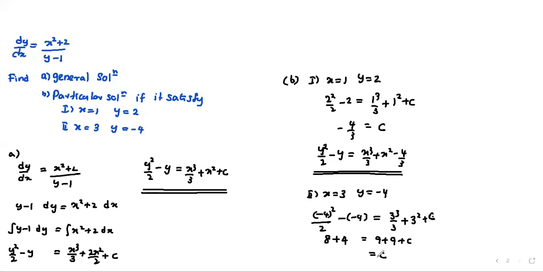So with that, c turns out to be 12, 12 minus 18 is minus 6. So this particular solution is, I will write it here, y squared over 2 minus y equals x cubed over 3 plus x squared, c is minus 6. That is the particular solution for that specific boundary condition.